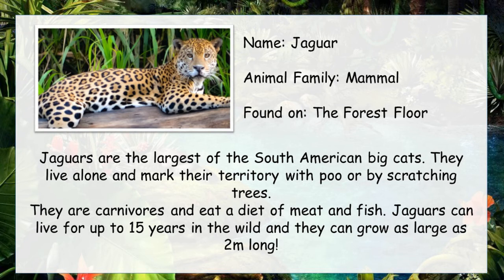They are carnivores and eat a diet of meat and fish. Jaguars can live for up to 15 years in the wild, and they can grow as long as 2 meters. You do not want to bump into one of these fellas. Let's keep moving.